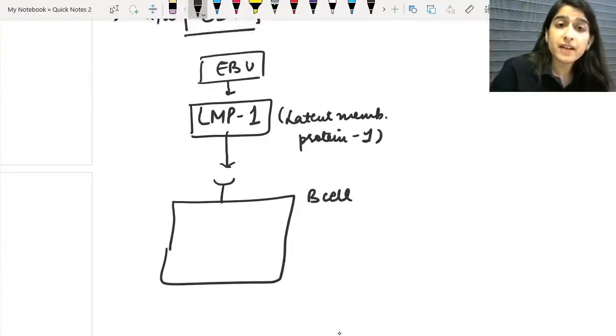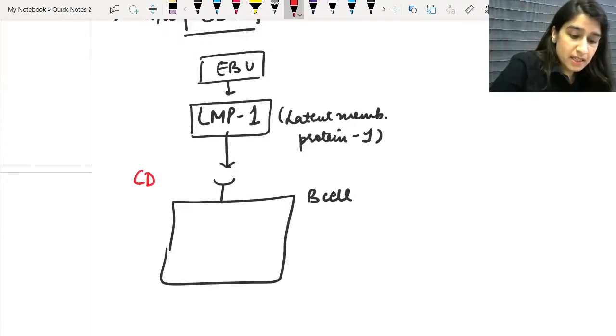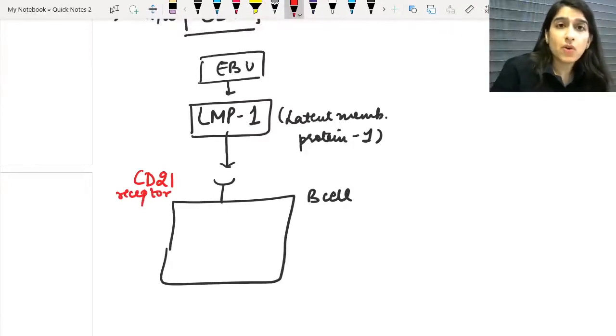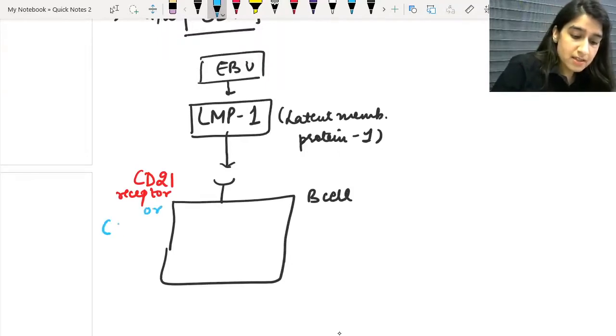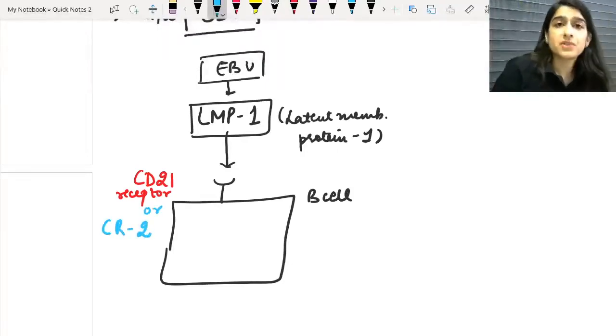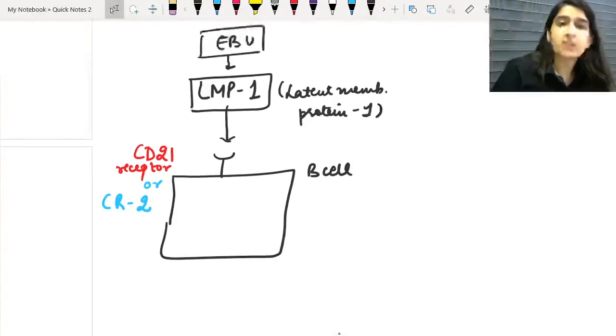Again, a very important MCQ: which is the receptor present on the B cell surface to which LMP1 binds? The answer is the CD21 receptor, which is also called the CR2 type receptor, complement receptor type 2. So this LMP1 present in the EBV binds to the CD21 or CR2 type receptor present on the B cell membrane.